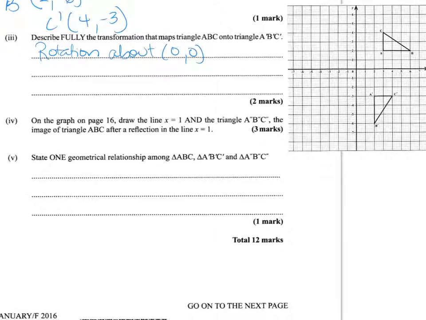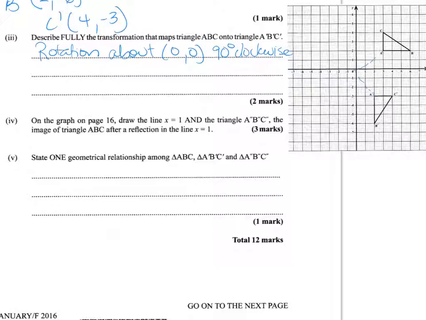The angle of rotation, 90 degrees, and which direction is it going, clockwise or anti-clockwise? It's 90 degrees clockwise. We can see, and this is a rotation of 90 degrees clockwise.